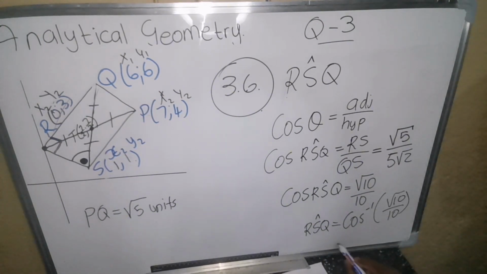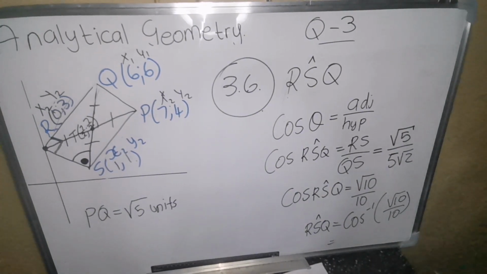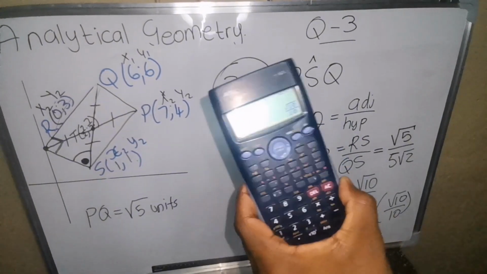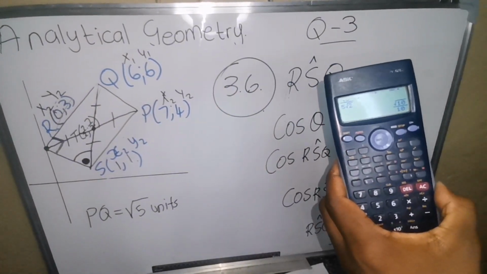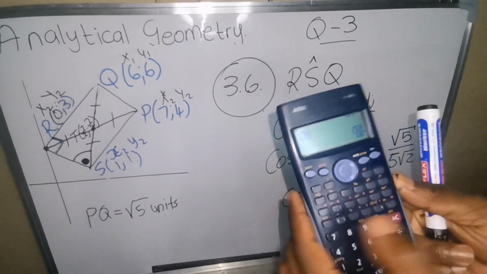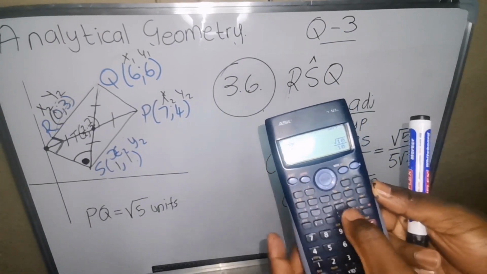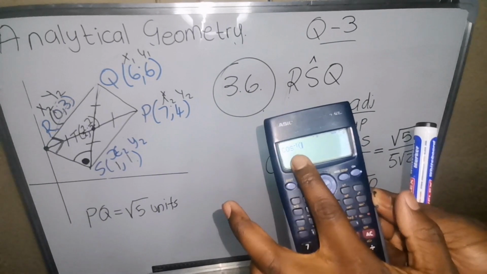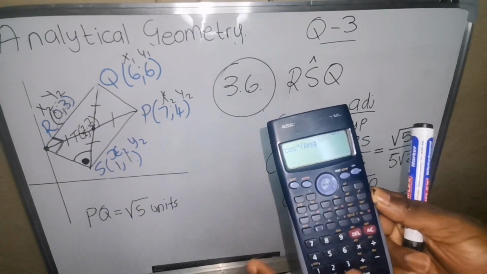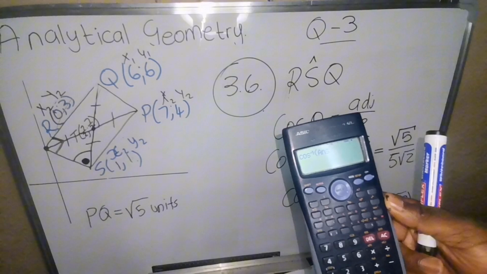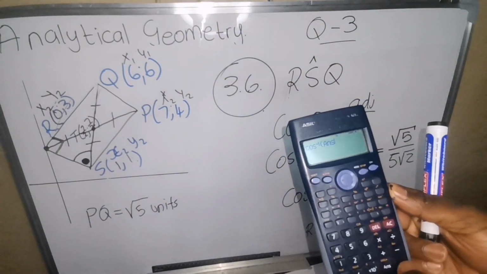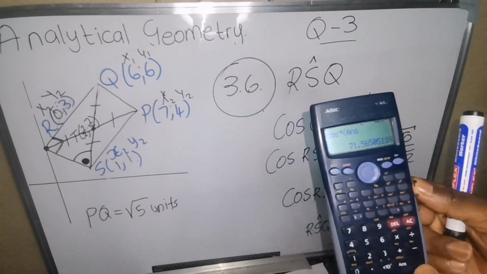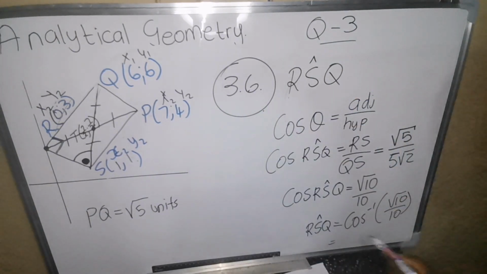On the calculator, you just say shift, then cos, which is cos to the power of -1, and just say answer, which gives the very same answer as square root of 10 over 10. Then just say equal to, and it gives us 71,57 degrees. This is your answer for this question.